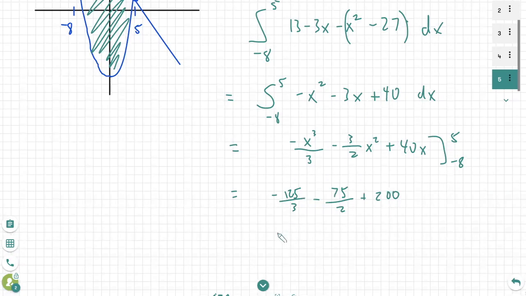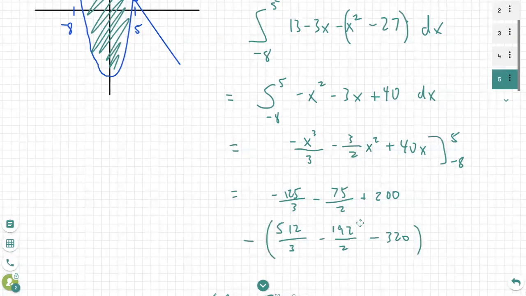Yeah. This is going to be a positive number. 64 times 8 is 512. And then minus 64 times 3, 192 minus 320.